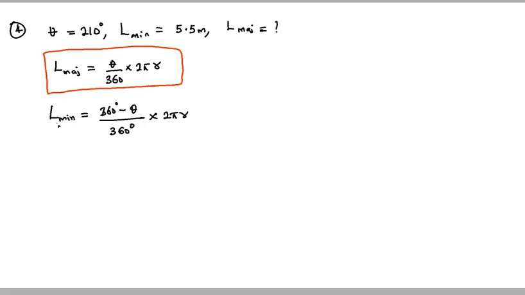L min is 5.5, as you can see here. So let's write it down: the length of the minor arc, 5.5, equals to 360 degrees minus theta, the angle of the big sector.